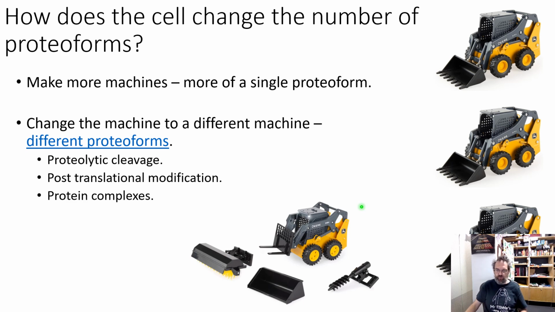So these proteoforms can undergo proteolytic cleavage to make smaller proteoforms that have a different function. You can post-translationally modify your proteoforms by phosphorylating them or acetylating them. That changes the chemical nature of them and can change the activity of the proteoform. Or you can assemble proteoforms into protein complexes to get them to do different jobs that the individual proteoforms couldn't do before.